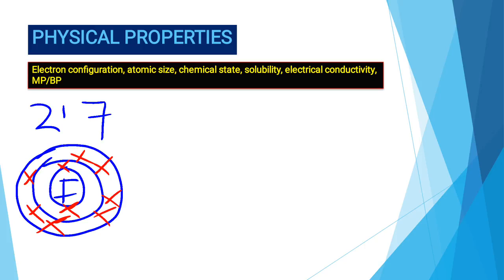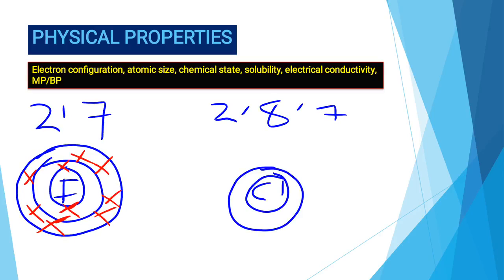Now look at the second member, which is chlorine. Chlorine is atomic number 17, therefore its electron configuration is 2, 8, 7. Therefore, its atomic structure will look like this. We have chlorine, and then the first energy level having a maximum of 2 electrons.